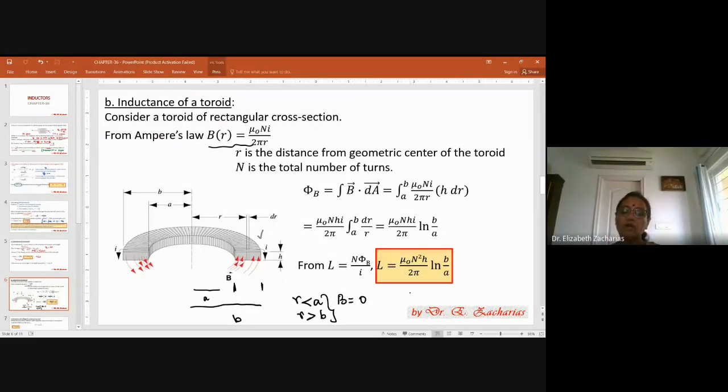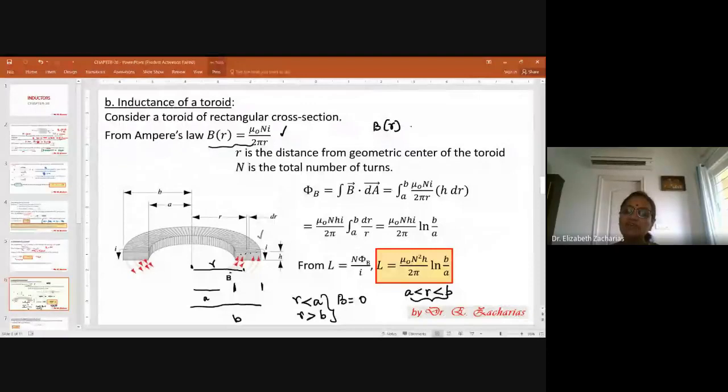But for A less than R less than B, that is for points inside this rectangle, there will be magnetic field. And the magnetic field is going to be given by the expression mu naught I by 2 pi R for one wire. So N wires are there, N turns are there. So mu naught N I by 2 pi R. And what is this R? R is the distance from the center of the toroid to any point that you are interested in. So you are seeing that the magnetic field is a function of R.